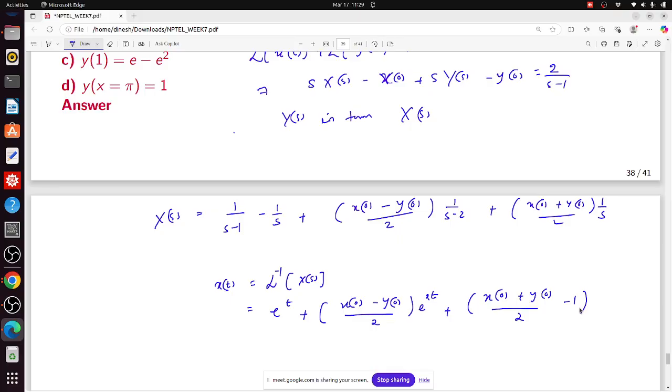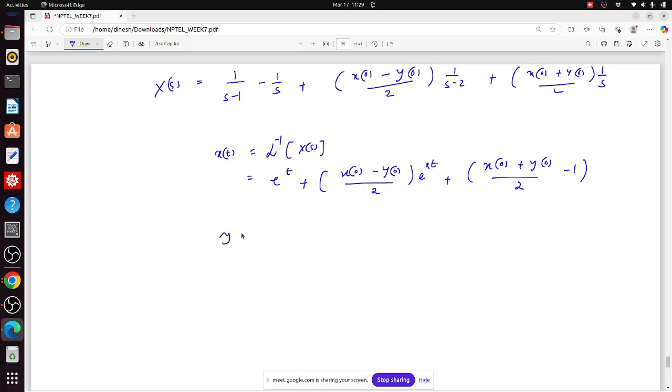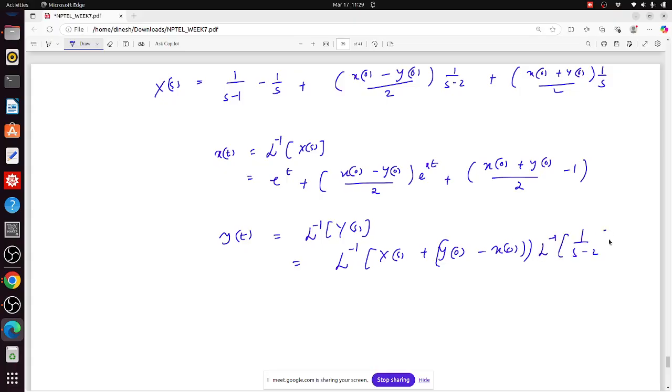So then we will get y(t) is equal to the inverse Laplace transform of Y(s). So here in the place of the inverse Laplace transform of Y(s), we will just simply put the inverse Laplace transform of X(s) plus (y(0) minus x(0)) multiplied with the inverse Laplace transform of 1 by s minus 2.